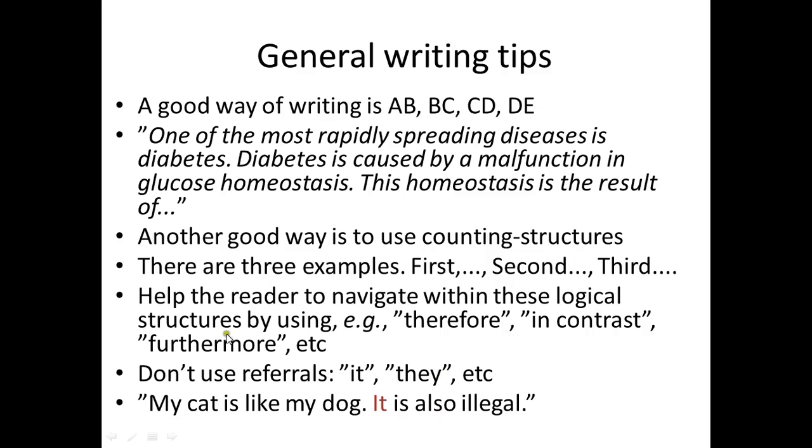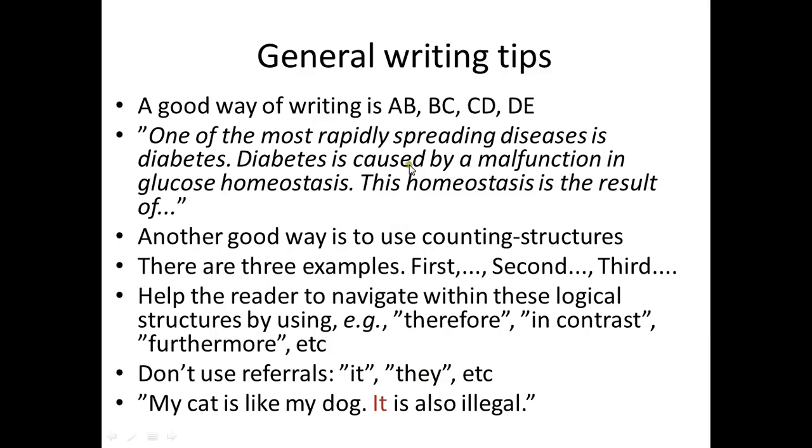And therefore the language cannot contain these kinds of uncertainties. The language needs to be perfectly spelled out, specified, without any of these ambiguities. So if you use words like it and they, then you need to fill in with something more.